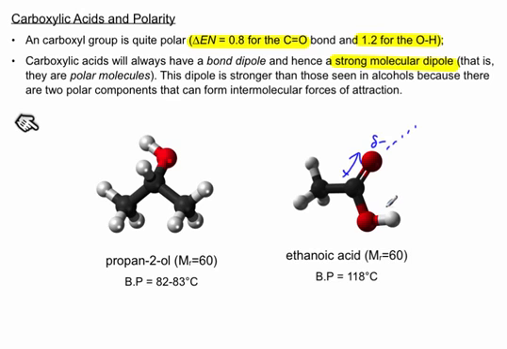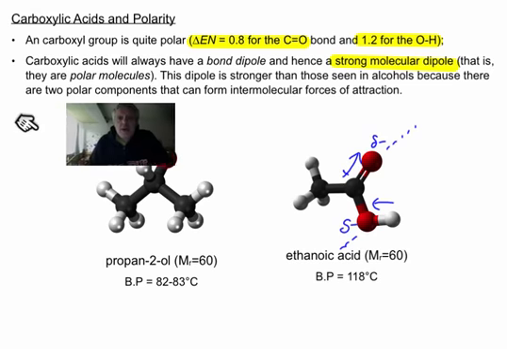This is also a delta negative component around this oxygen, and so it can form intermolecular forces off the OH group as well. So with two groups capable of forming intermolecular forces of attraction between molecules, it has a higher boiling point.